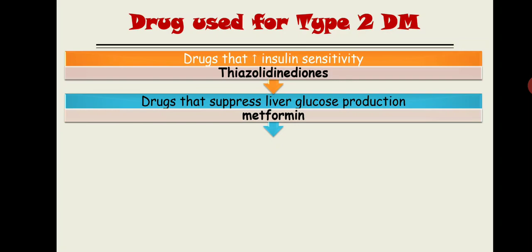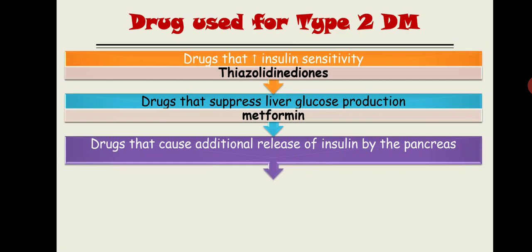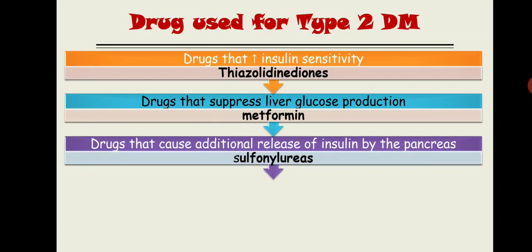Next one is drugs that cause additional release of insulin by the pancreas. That particular drug we already discussed: the sulfonylureas, in the mechanism of action of how glucose leads to insulin secretion, right? Sulfonylureas work by blocking the ATP-sensitive potassium channel situated on the beta cell.